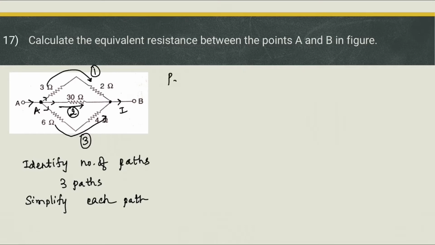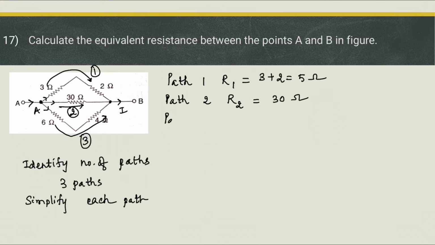So for path 1, equivalent resistance is 3 plus 2, 5 ohm. Path number 2, there is only one resistor, so that is already simplified, 30 ohm. And then path number 3 is 6 plus 4, 10 ohm.